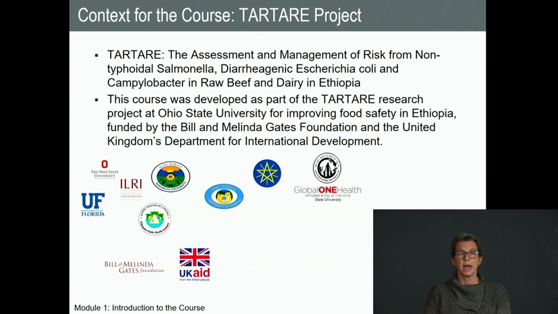And then, of course, we have our partners in the Global One Health Institute, which is affiliated with Ohio State University, located in Addis Ababa, Ethiopia. And then, of course, I mentioned earlier, our funders, who we're very grateful for giving this opportunity to work on this project, the Bill and Melinda Gates Foundation and the United Kingdom Department for International Development, or DFID.